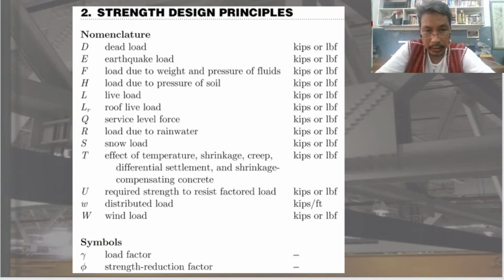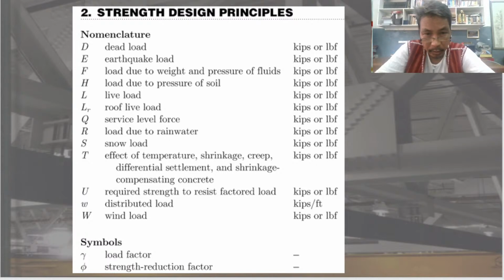And the next one is L, live load. We will use L. It must be distinctly differentiated from LR, which is actually roof live load. So it's also a live load, but it is for roofing. Load from the roof.